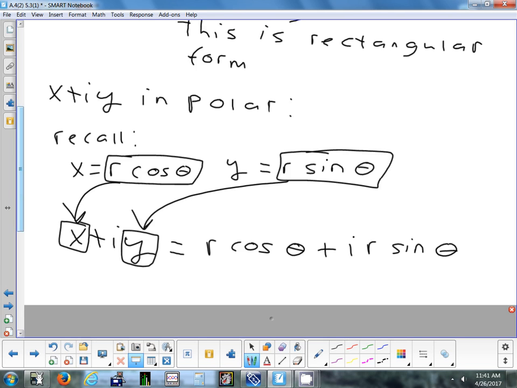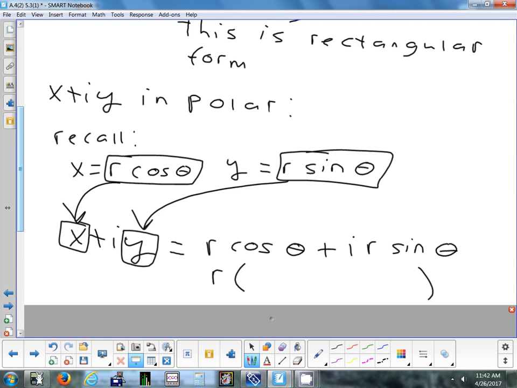Now, if you look at each part of what I just wrote, what's to the left of the plus sign and what's to the right, in front of the trig function, what do they both have in common? What letter? R. So whenever you have the same thing written twice with an addition sign between it, you can factor it out and just write it once.